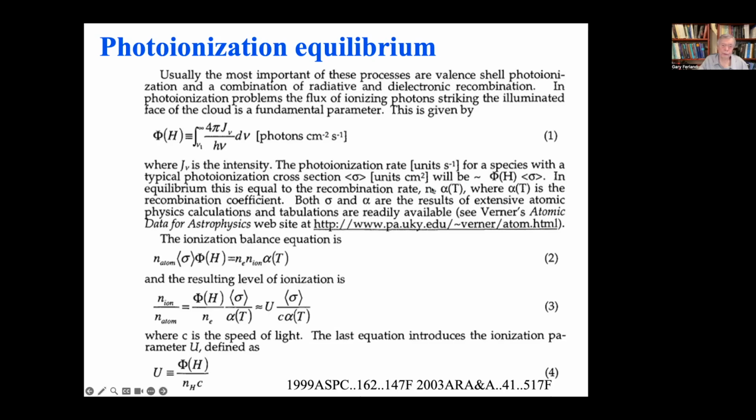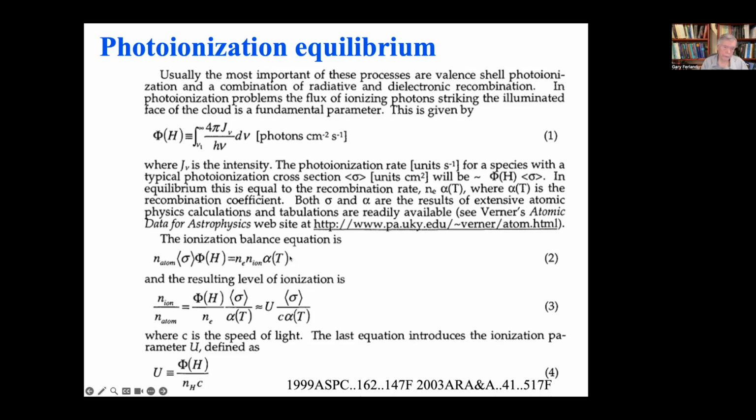And you balance that with the recombination rate. The recombination has a recombination rate coefficient and a density. So you end up with a balanced equation like this, with the term on the left, the photoionization rate, in photoionizations per cubic centimeter per second. And if it's in steady state, that's equal to the recombinations.